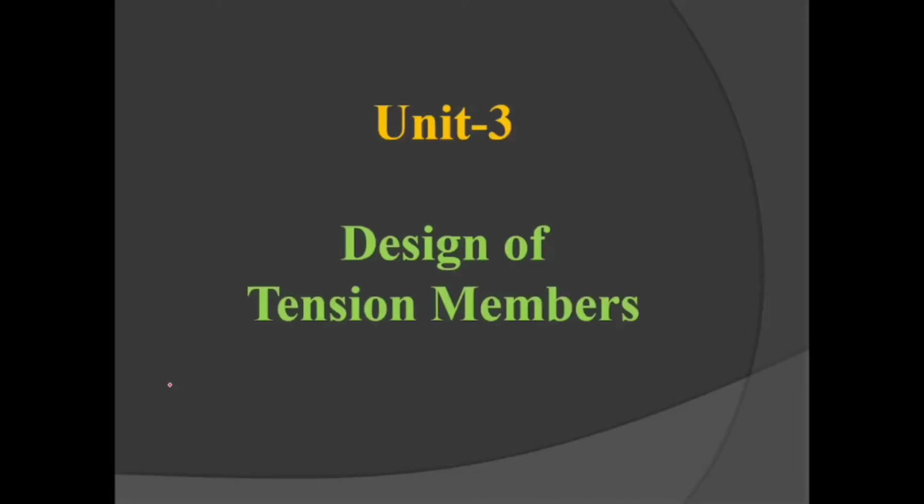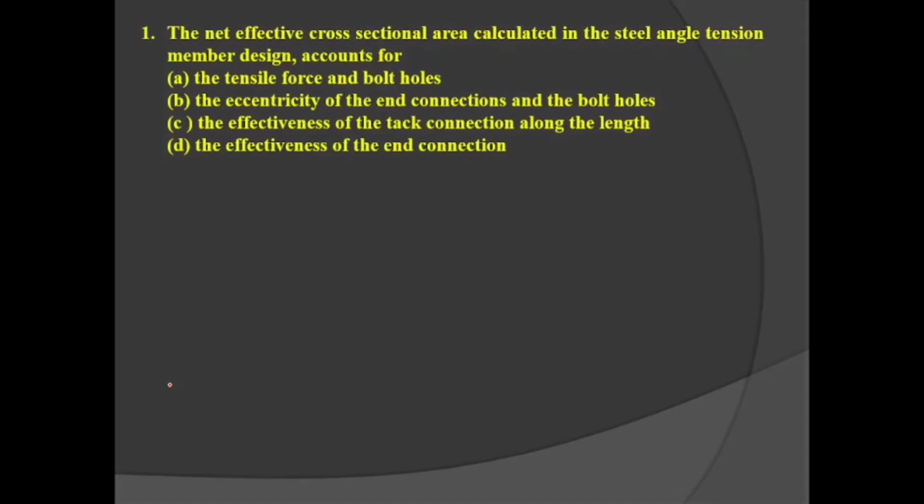Our first question of design of tension members is: the net effective cross section area calculated in the steel angle tension member accounts for, which one is applicable? As we know, A net is equal to the gross area minus the area of the bolt holes for tension members.